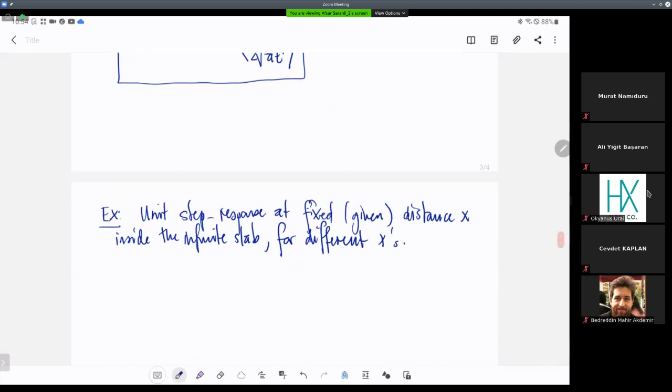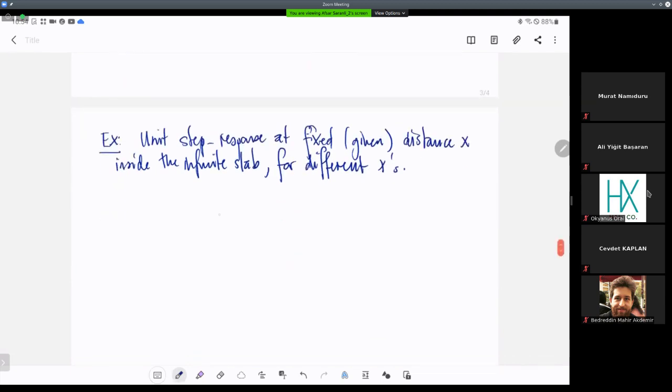Basically we have our infinite slab, our previous sketch.